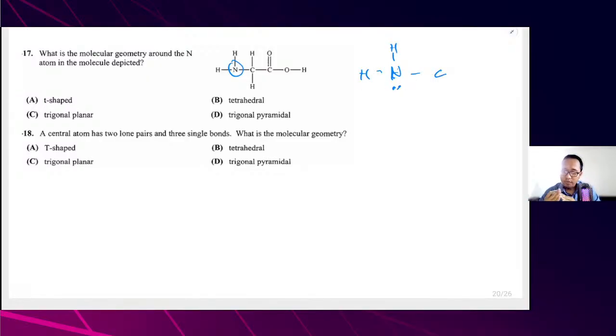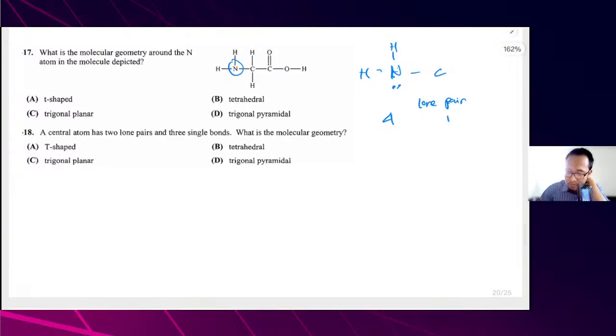So it has 4 groups, and then 1 lone pair. If we are thinking about this shape, it will be kind of this one, right?